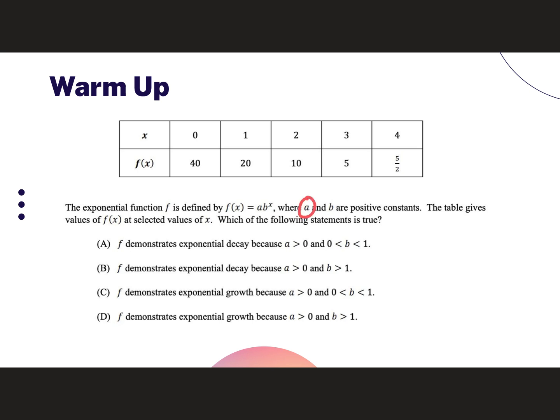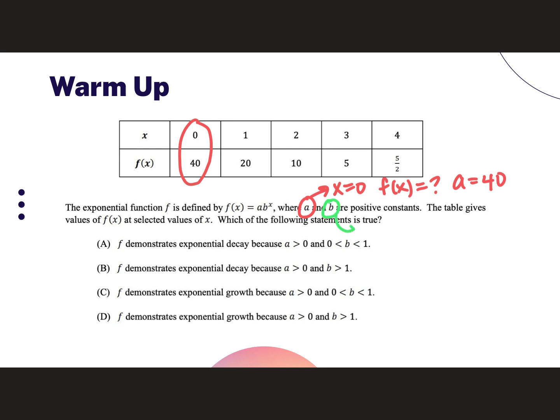So a, remember, is going to be our initial value when x is equal to 0. What is f of x? From our table, we see that when x is 0, f of x is 40, so that means our a value is going to be 40. That's like your initial value or starting value.